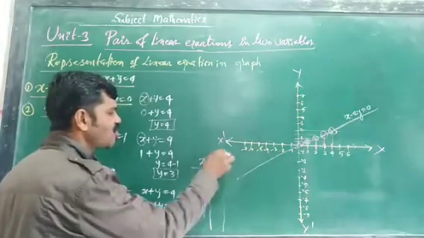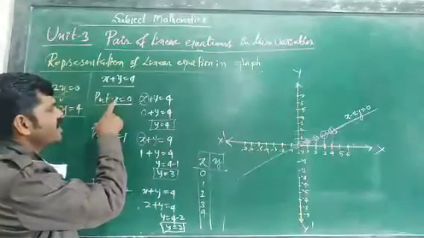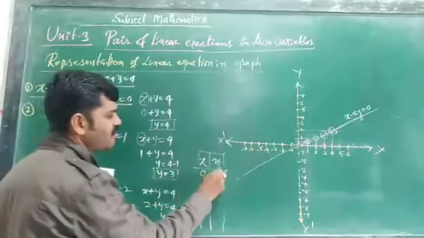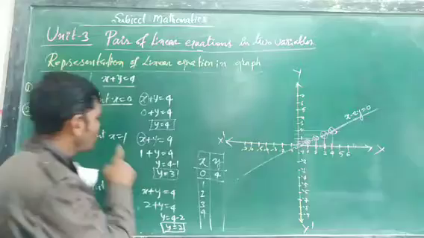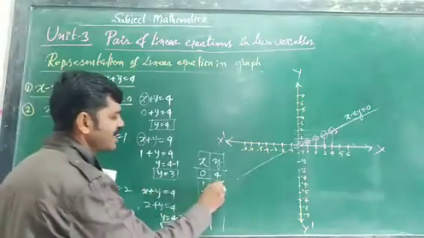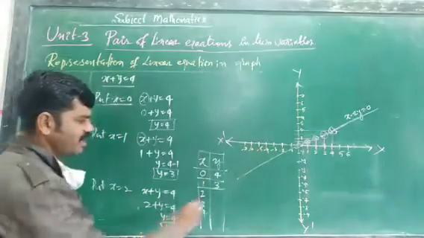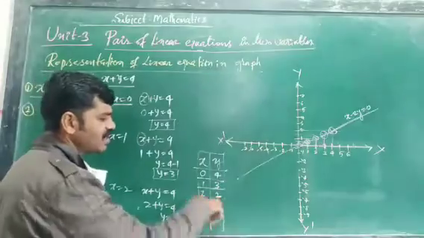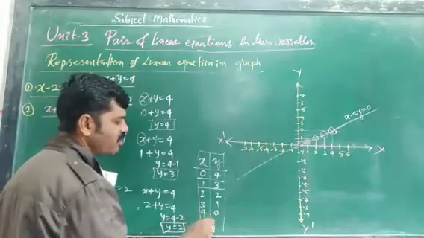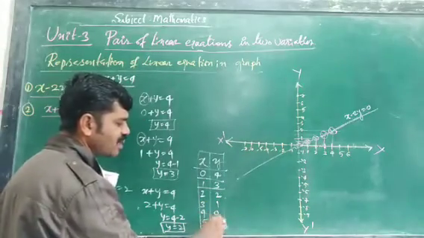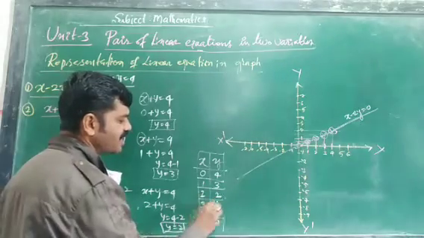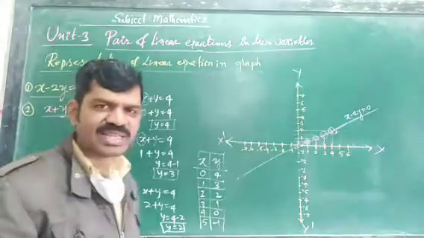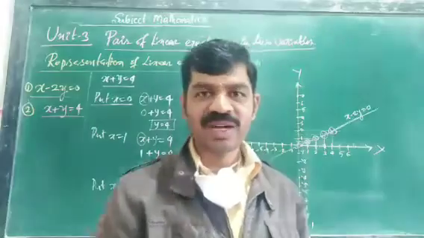What we have obtained: when x is equal to 0 is given, the value of y came as 4. When x is equal to 1 given, it came as 3. When 2 given, 2 came. When 3 given, 1 will come. When 4 given, it will be 0. When 5 is given, it will be minus 1. It goes like this. We can predict the next value of y, what it will be.